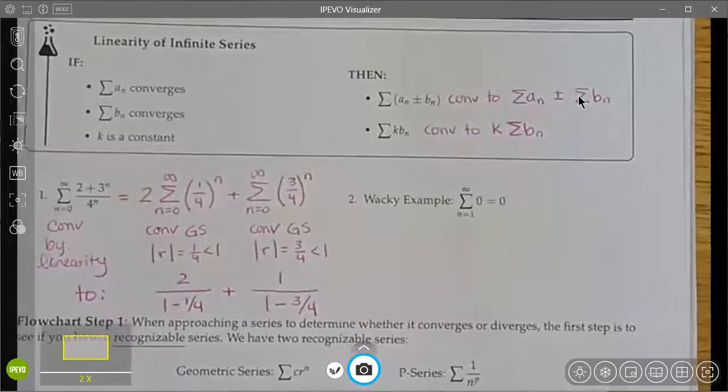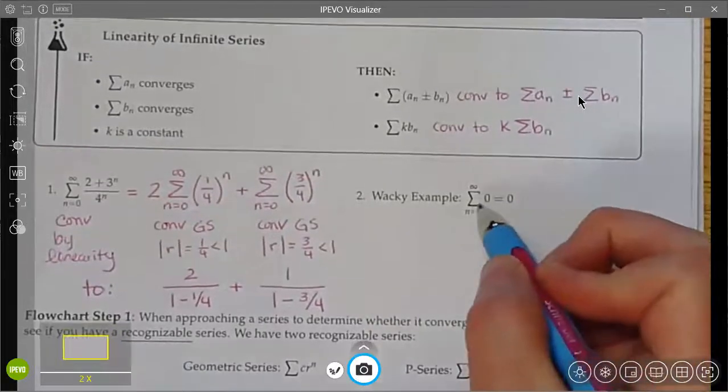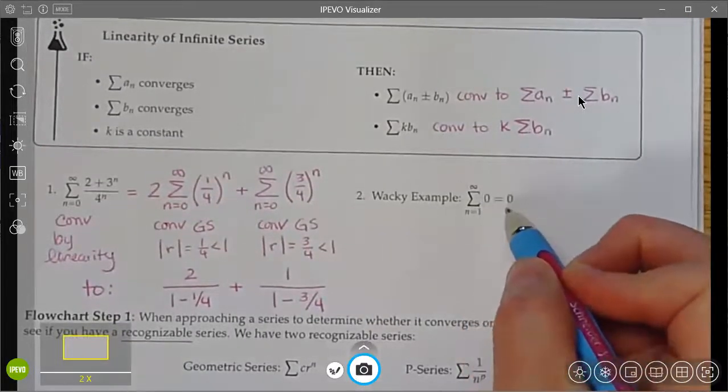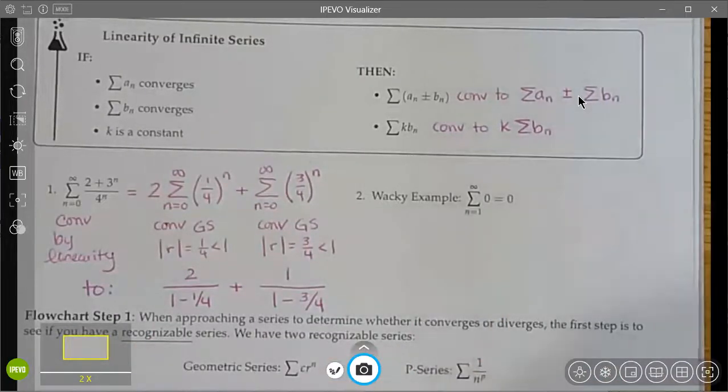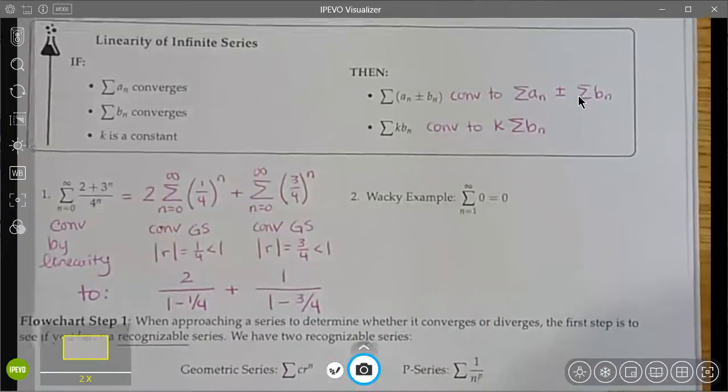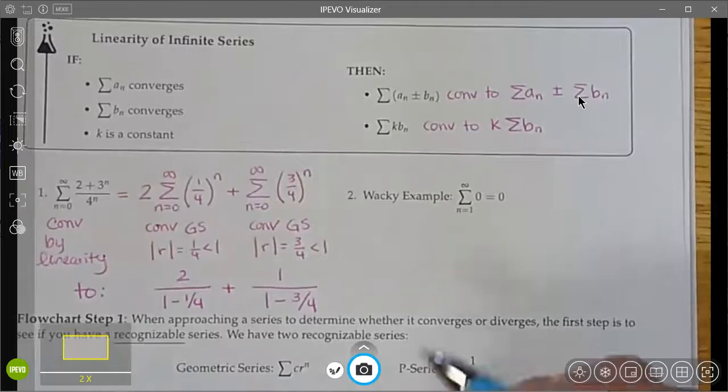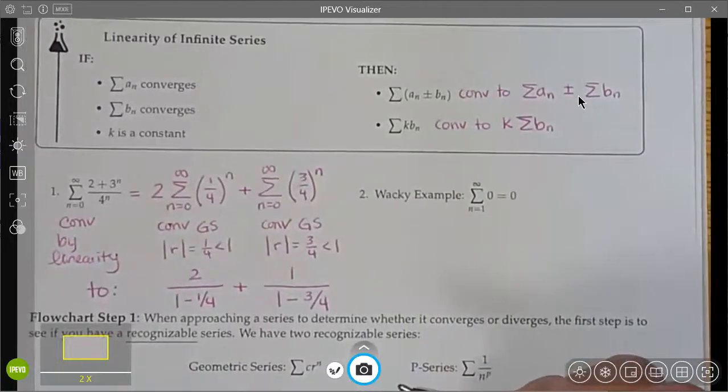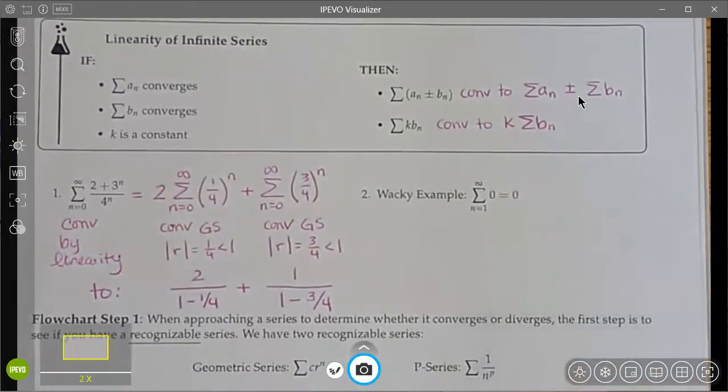And then I have a little bit of a wacky example here. I have the series n equals 1 to infinity of 0. Adding up a bunch of zeros, that's going to be equal to 0. Nothing wrong there. And now I'm going to employ one of mathematicians' favorite tricks. Mathematicians have two tricks. We like to add clever forms of 0 or multiply by clever forms of 1. In this case, I'm going to use a clever form of 0.